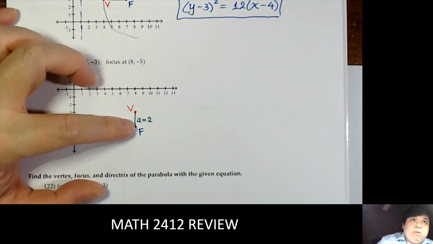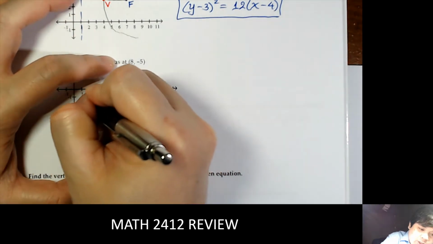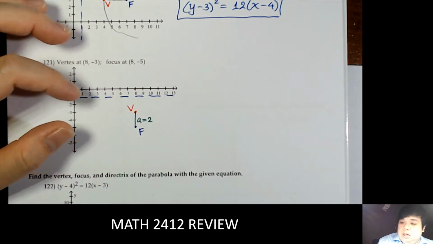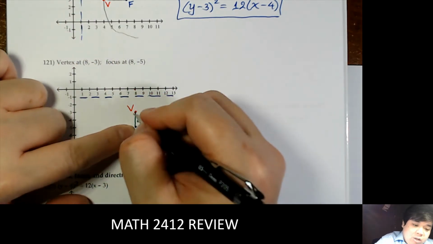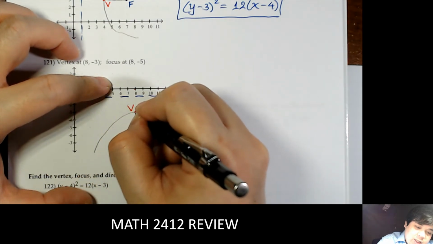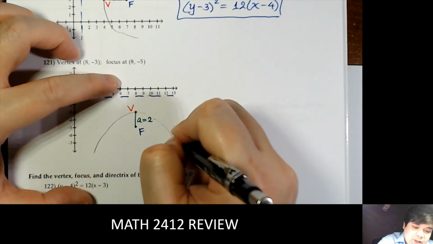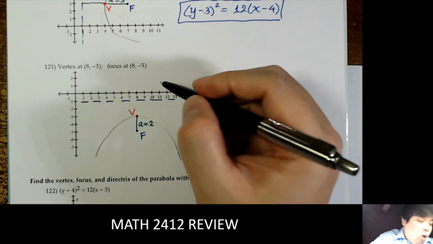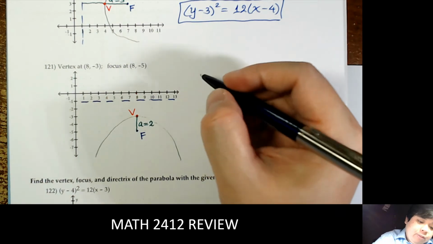Opposite from the focus, we have the directrix. Now since the focus is below the vertex, the graph will go around the focus and touch the vertex. So this one is the parabola that opens down.